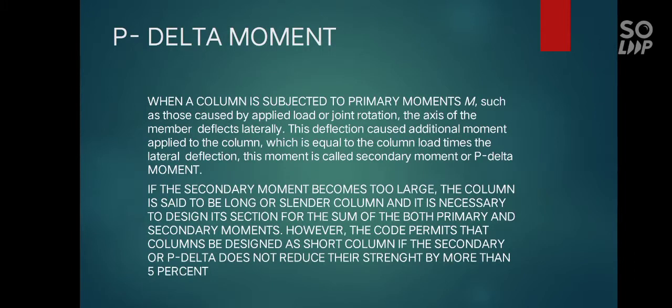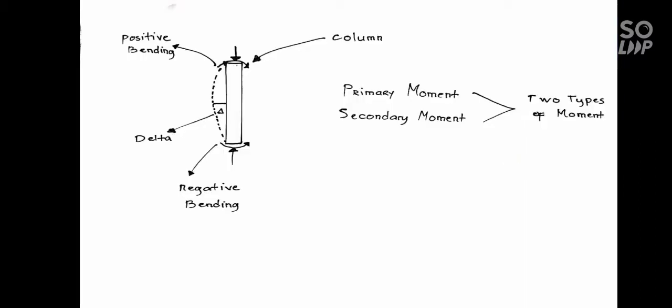P delta moment. So, unsa day role sa P delta moment? Mulaktaw sa ta ni guys. So, kung inyong tanawon ang drawing, makita ninyo ang column, ang rectangle nga pataas. So, subjected man siya sa axial force.